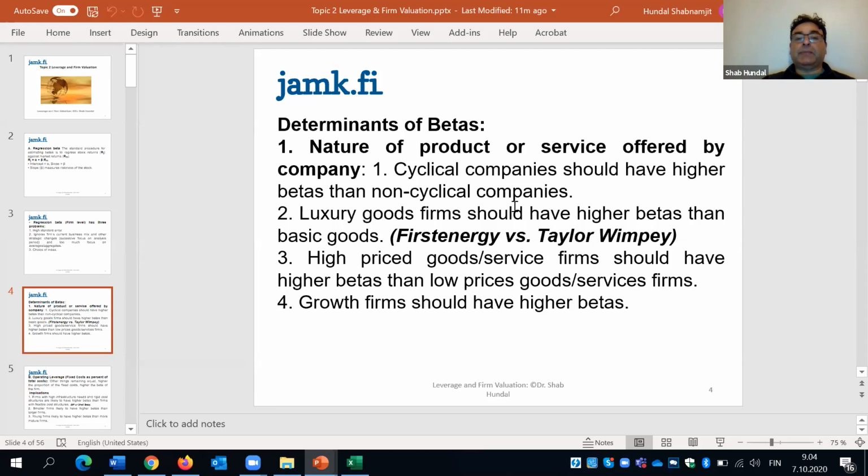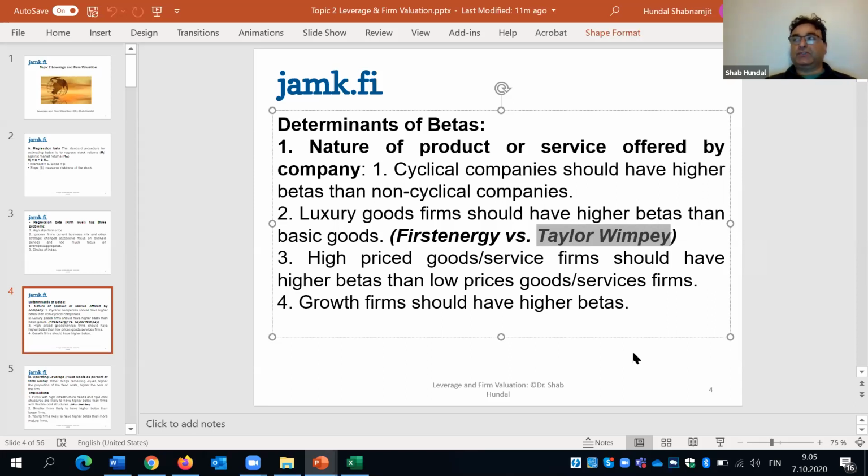I remember one example I saw a few years ago. First Energy is making essential goods. The name itself tells that it's an energy company. Its beta was 0.2 or 0.3, very low. But then we had another company called Taylor Wimpey, which makes very expensive holiday homes in Dubai, in the Bahamas, in Barbados, and all those luxury places.